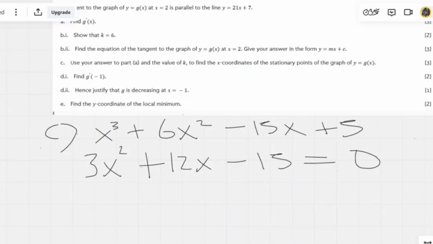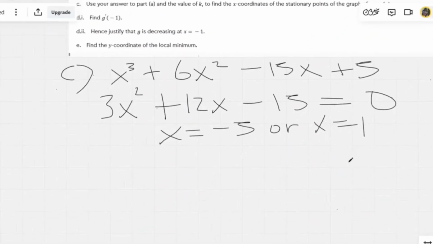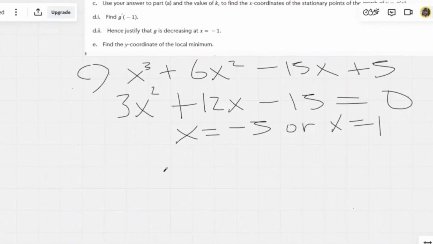So this is a quadratic equation. By using the GDC, it gives us x equals minus 5 or x equals 1.